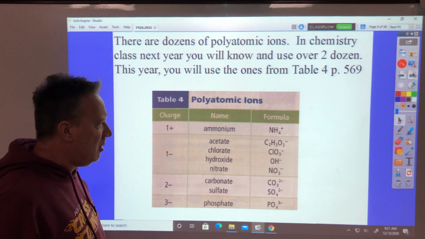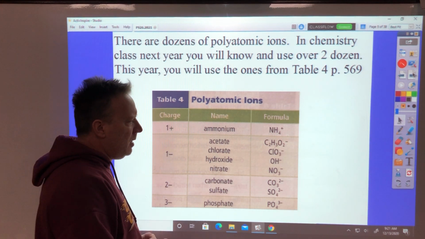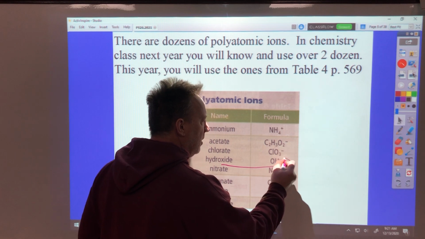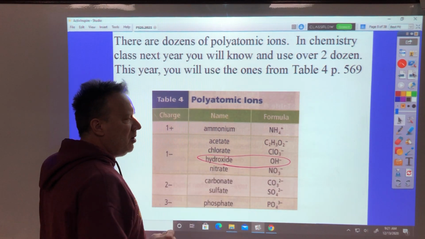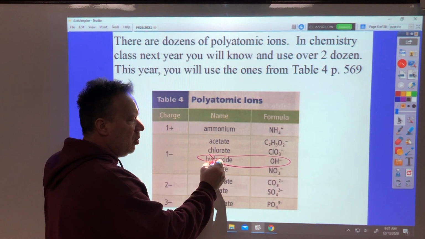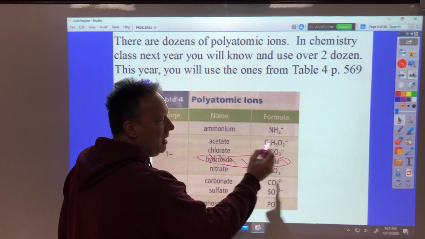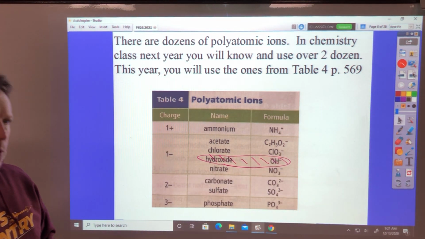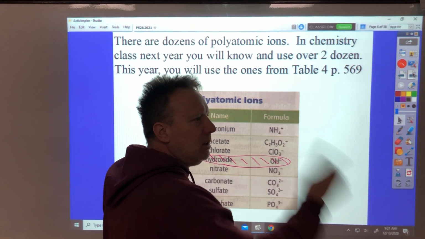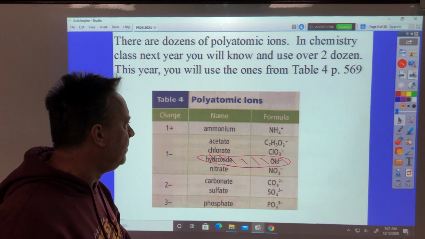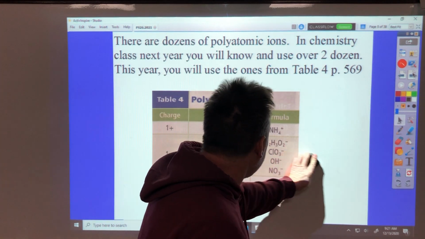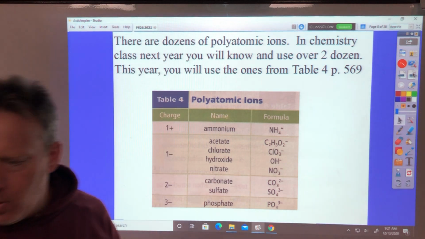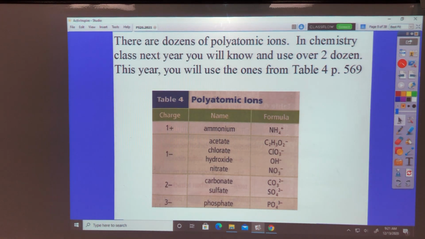I said these names don't end in "ide." There is one on this table, hydroxide, and I'm going to avoid it, so you don't have to worry about that. For you, if it ends in "ide," it's binary. So I'm not going to give you one's oxide on the test or quizzes.